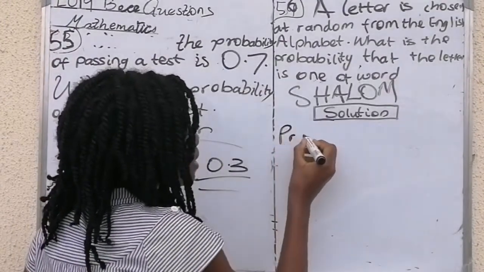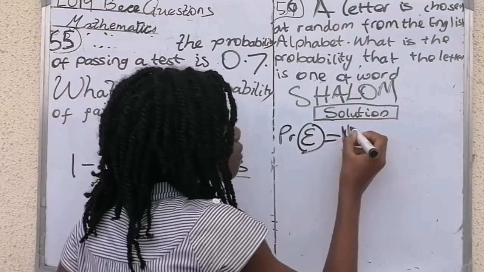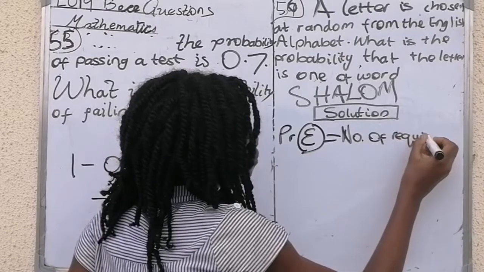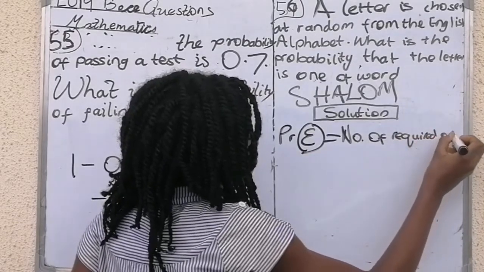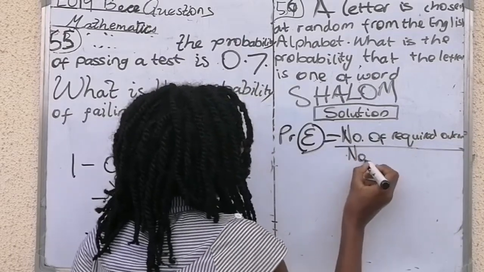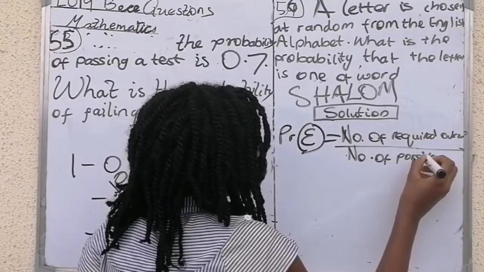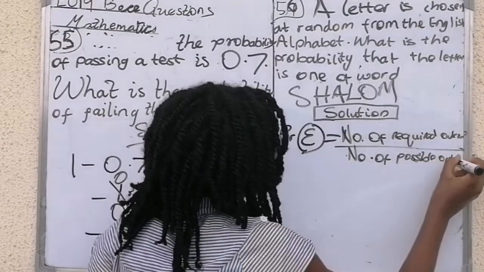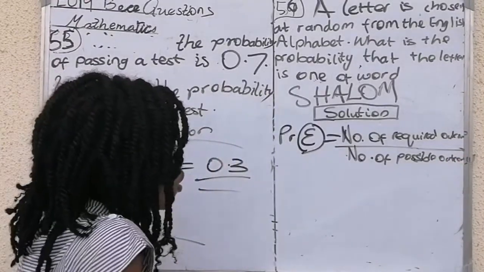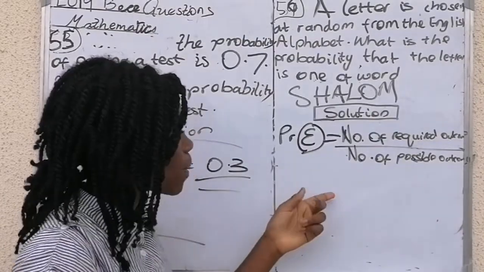Probability of an event is the number of required outcomes all over the number of possible outcomes. So this is the formula for finding probability.